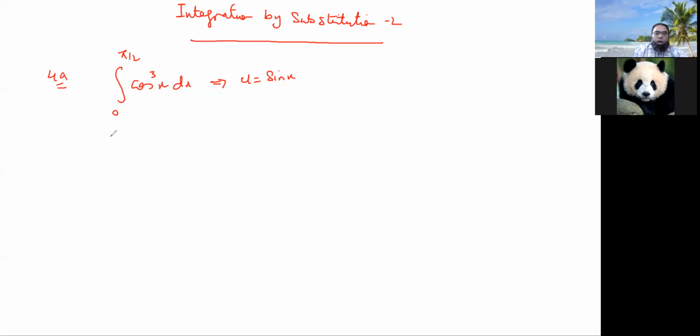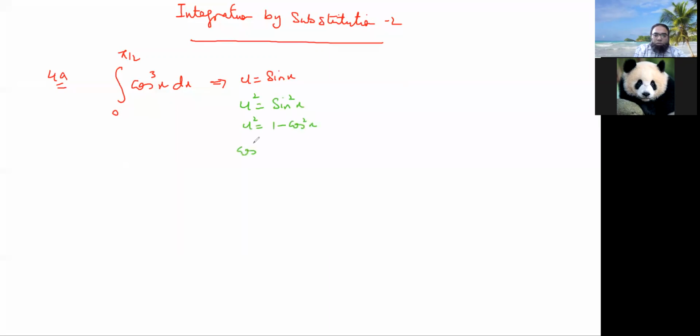Okay, so first of all, there is cos cube x given, but the substitution suggests u is sine x. So we need to know what is cos x. Now can I say u square is sine square x? Can I say u square is 1 minus cos square x?